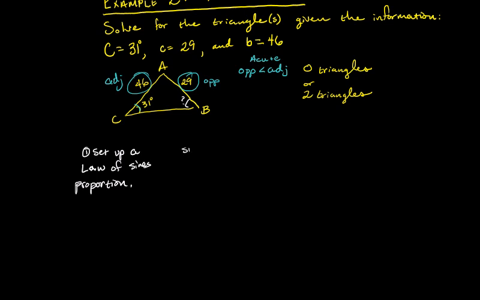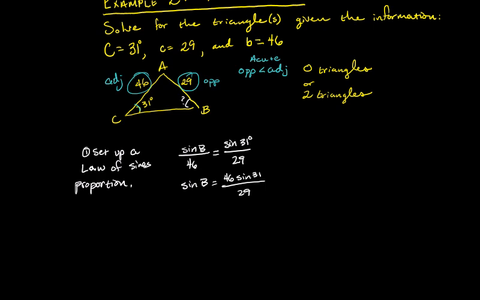So sine of B over 46 equals sine of 31 degrees over 29. Okay? So we're going to multiply by 46 on both sides. Sine of B equals 46 sine of 31 over 29.